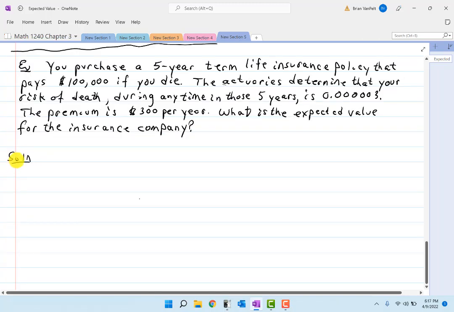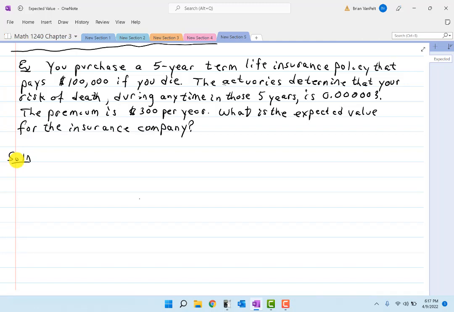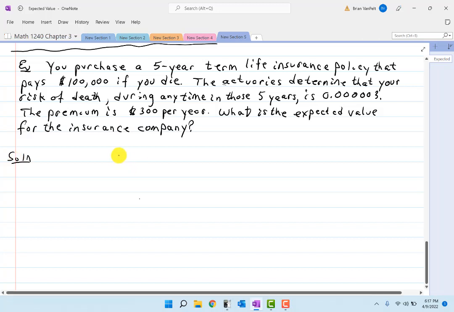All right, for this problem, since we're talking about the expected value for the insurance company, this is how much money they expect to make on you. So long as you survive the 5 years or any portion of the 5 years, they have formulas to determine how much money they made from you. Let's take a look at how this works. I'm going to put here, let's say, the year of death.